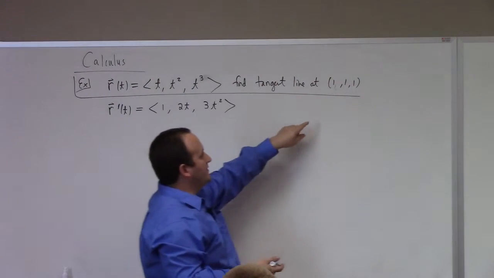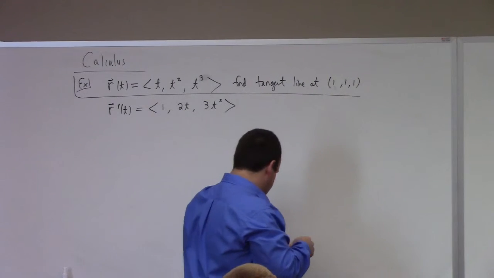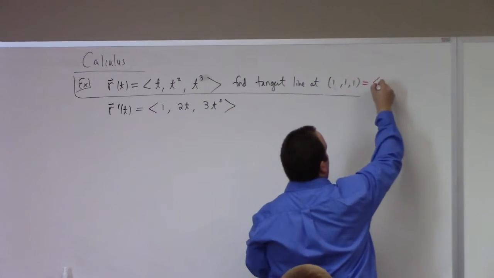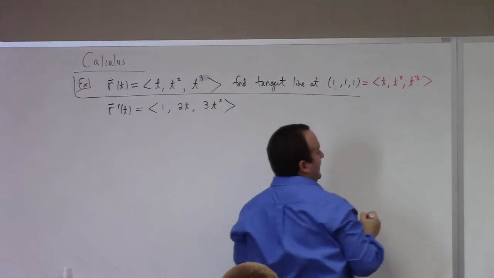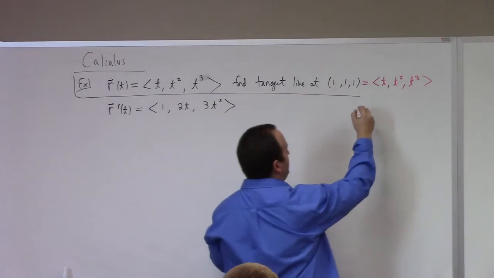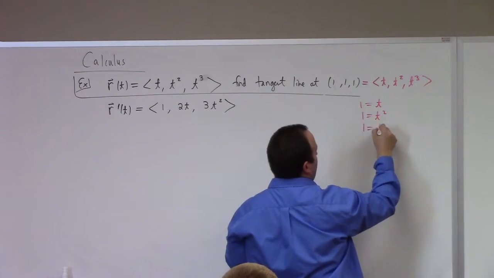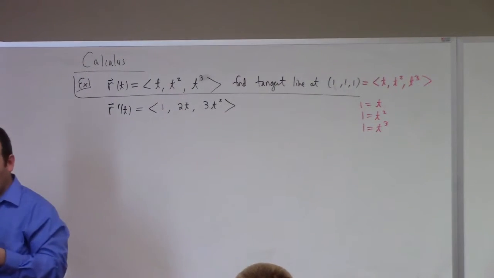I didn't tell you what the parameter was. How do you figure out the parameter? In principle, I set this equal to t, t squared, t cubed, and I solve it. If I can't solve those three equations simultaneously, then you've been sold a bill of goods. You've been asked to find a point which isn't actually on the curve.